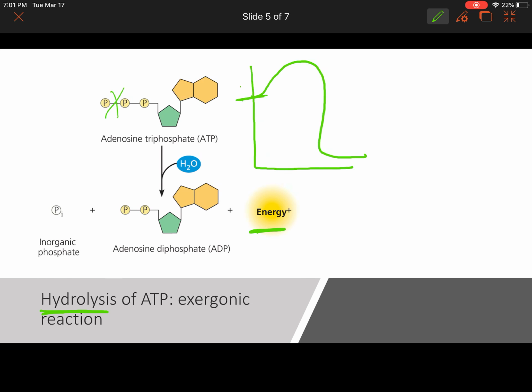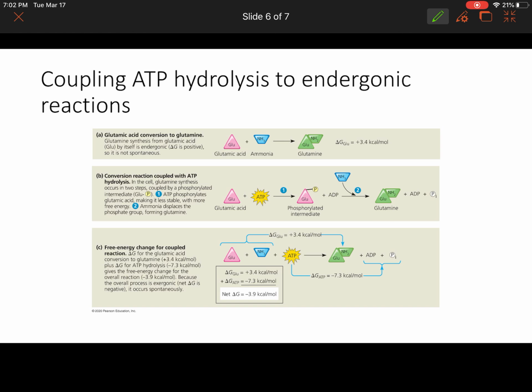So our reactant was ATP. Our product is ADP plus that inorganic phosphate group that was cut off. And then that energy that is released can be coupled or linked to an endergonic reaction.